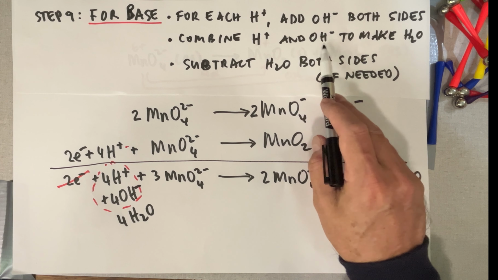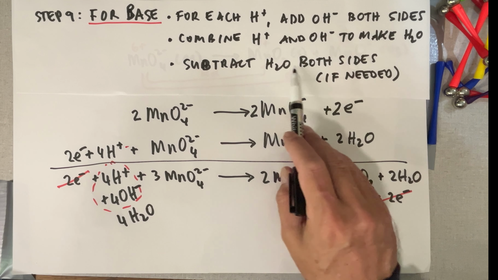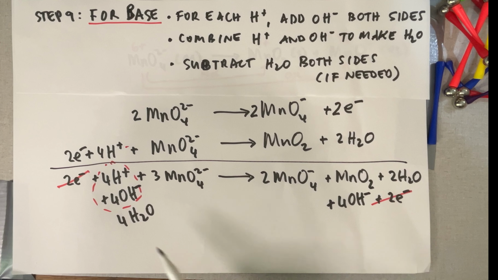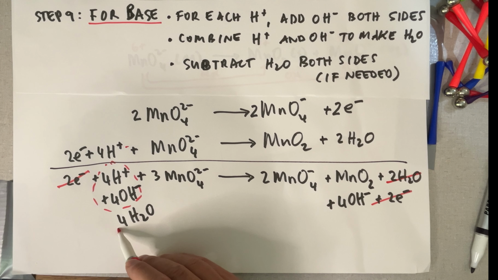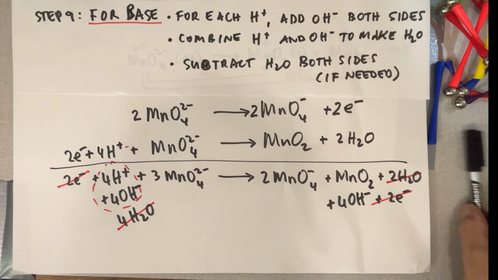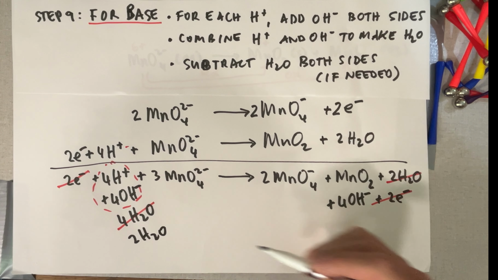Combine H plus and OH minus to make water. That's what we've done here. And subtract water on both sides if needed. In this case you do have waters on both sides, so you can cancel that and you can cancel this. 4 minus 2 equals 2 H2O.